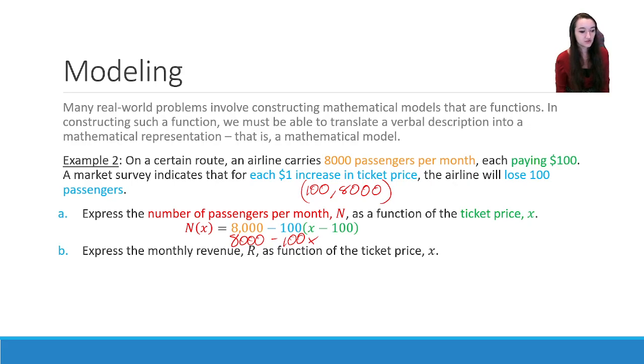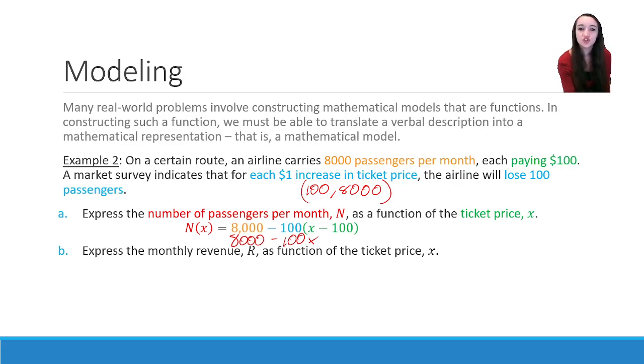If I plug in 100, I get 8,000 minus 100 times 100, which would be 8,000 minus 10,000, which is negative 2,000. So if we charge $100, then we have negative 2,000 passengers, and we know that's not true, so this can't be the equation.